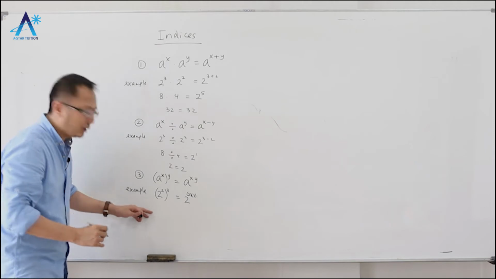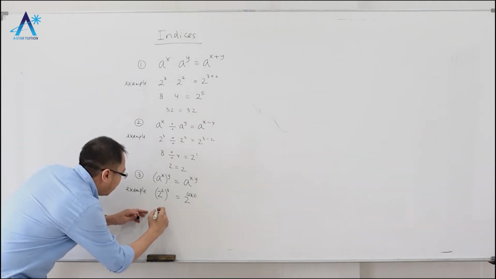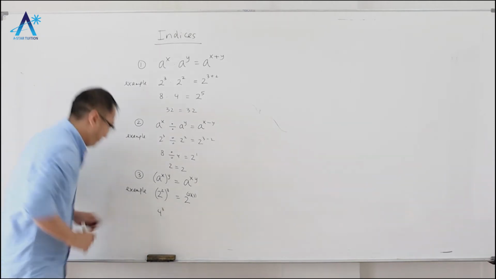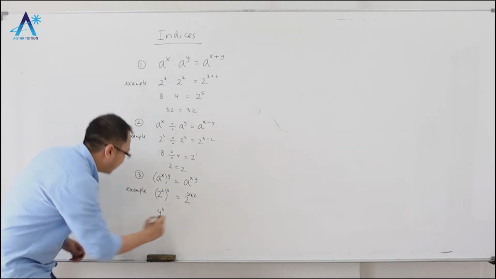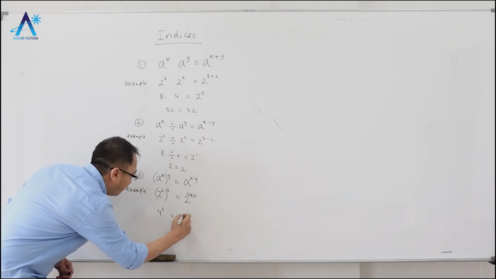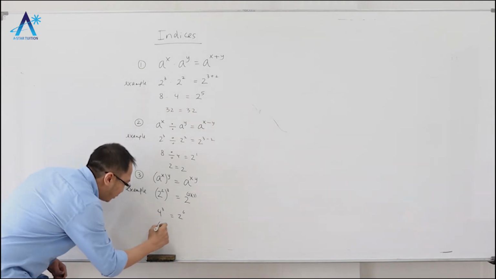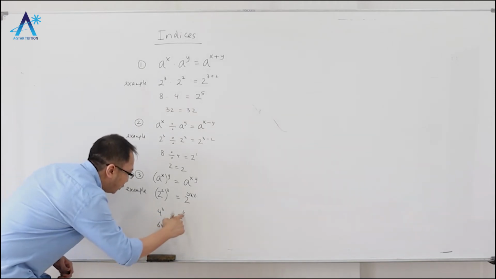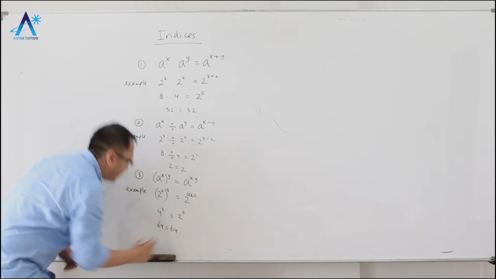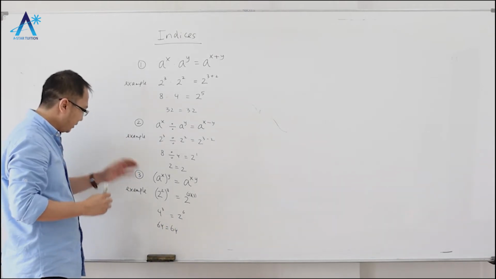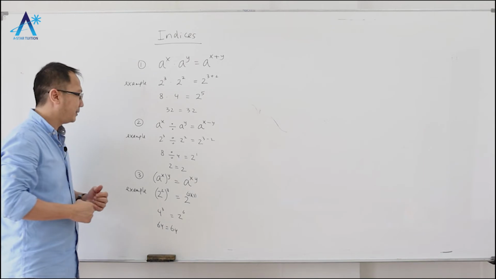On the left hand side we have 4 cubed, because 2 squared is equal to 4, while on the right hand side we have 2 to the power of 6. 4 cubed is equal to 64 and 2 to the power of 6 is also equal to 64. Therefore, rule number 3 has been verified.